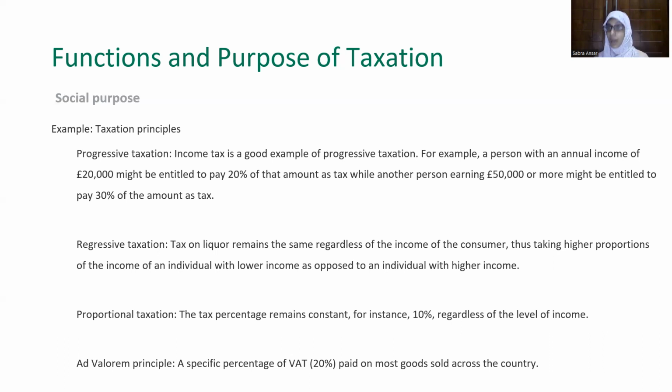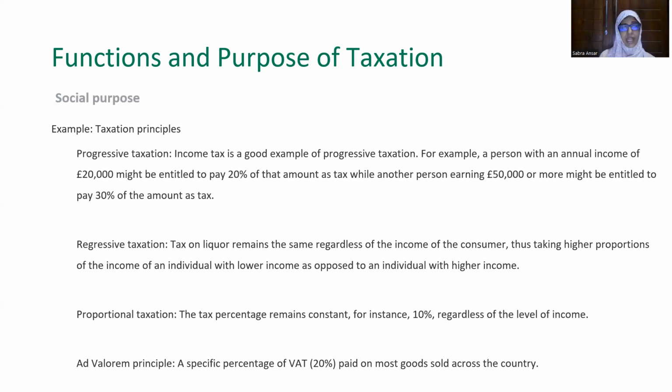I said 10 pounds in my example. So when it is 10 pounds, obviously, proportionately, when you check with your income, there is a difference. However, in proportional taxation, it is not the amount, it's not $10, it's a percentage, right? It is 10%. So whatever amount that you get, proportionally, you will have to pay.